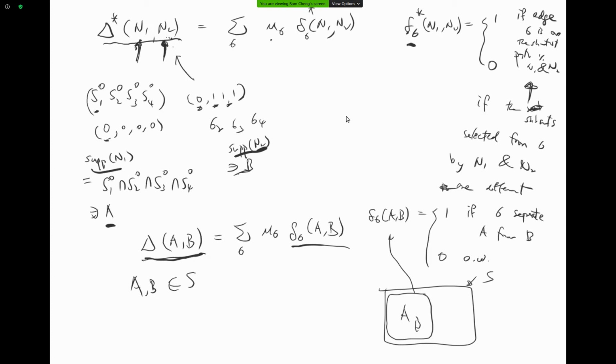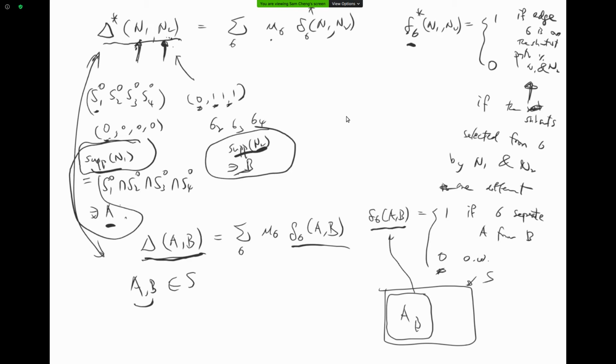Both elements fall into one of the subsets of the split, and so delta sigma AB is equal to 0. So maybe I say that again: if the support of M1 includes A and the support of M2 includes B, then delta star M1 M2 is equal to delta AB here.